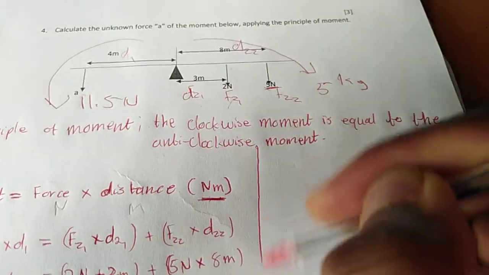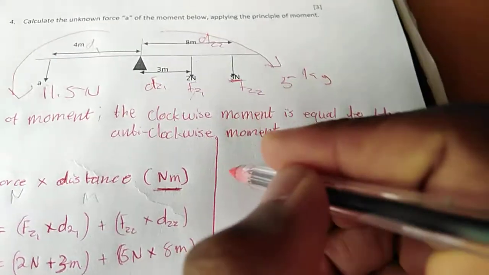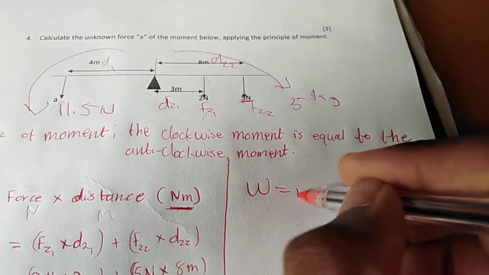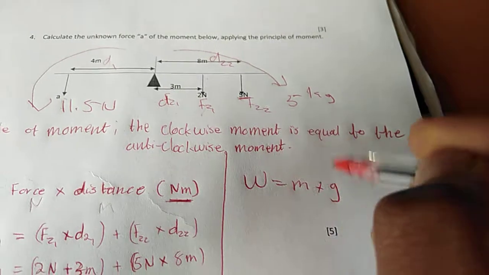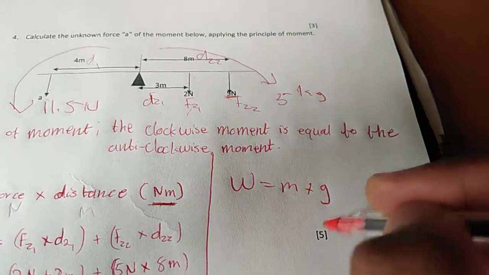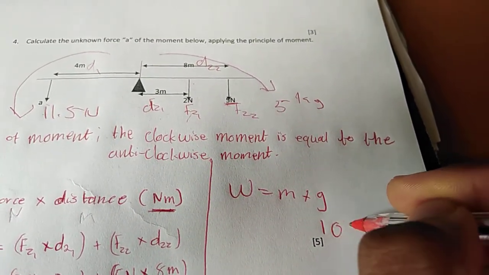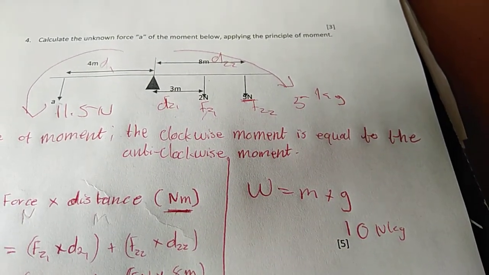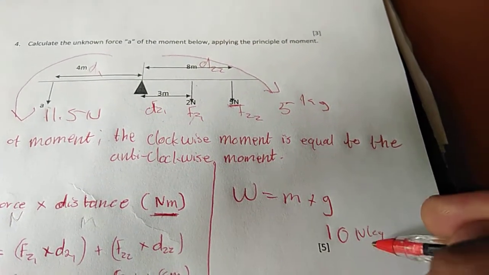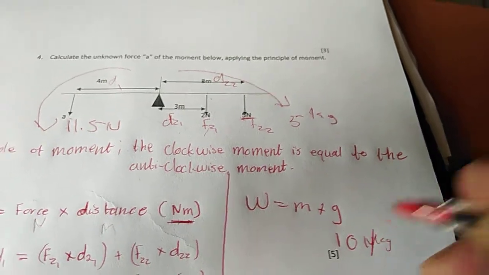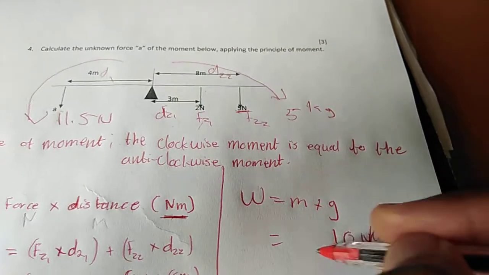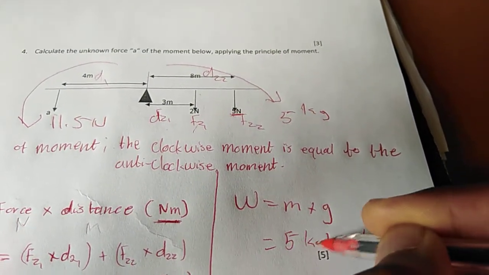And this is how we convert the mass to the force. We know that our weight, which is our force, is equal to mass times the gravity. Our gravity, we know that it is standard, 10 Newton per kg. And you have your mass here as 5 kg.